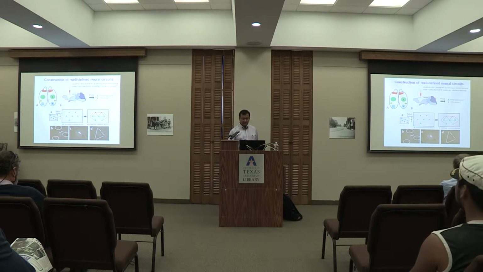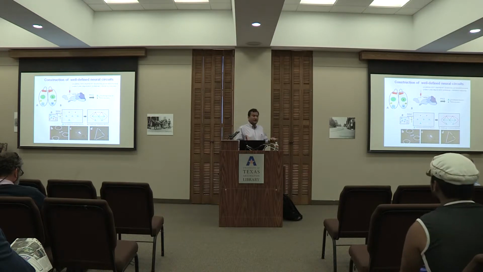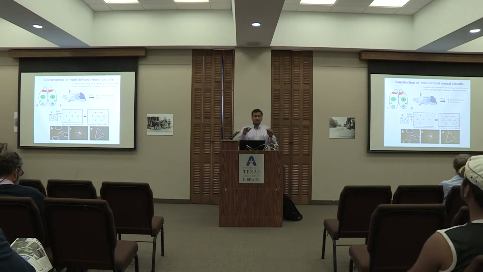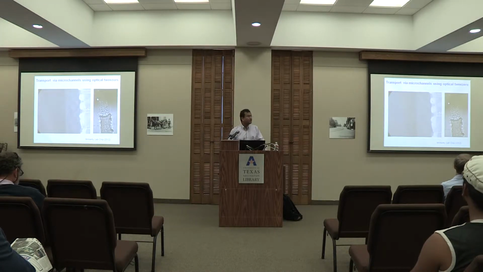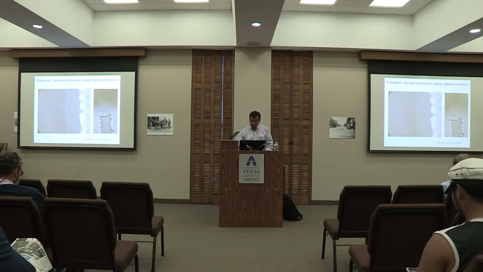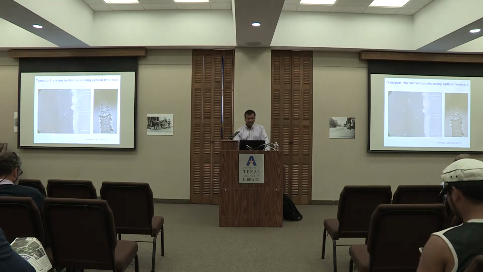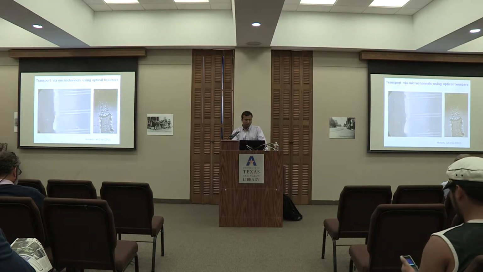So there are different types of neuron. You see some neurons, like the green ones, are excitatory, and some are inhibitory interneurons, like the red ones. So you can identify them by fluorescence. You can target them, you can identify them. So you can see here how optical tweezers can take cells or anything from one chamber to another chamber. That's what you are seeing. You mark this circle here, the bright dot.